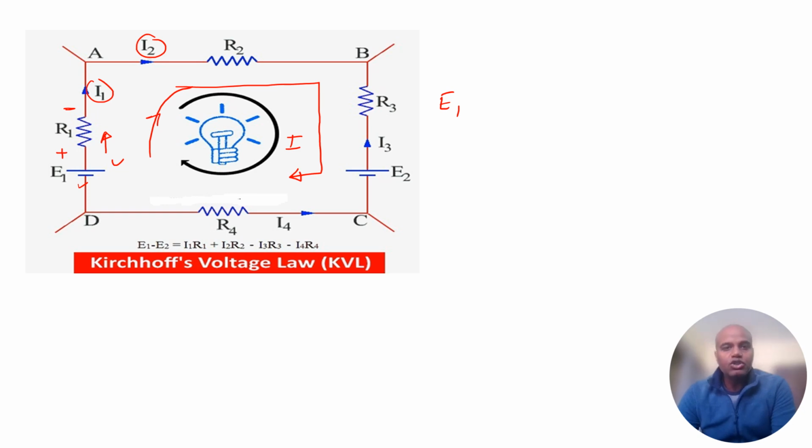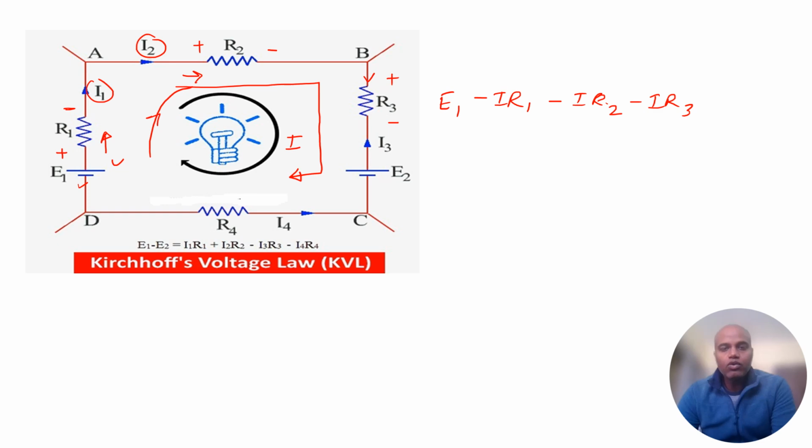So my equation now becomes E1 minus I into R1. Similarly, when the current is entering R2, again this will be plus and this will be minus, so minus I R2. Similarly, when entering R3, minus I R3.